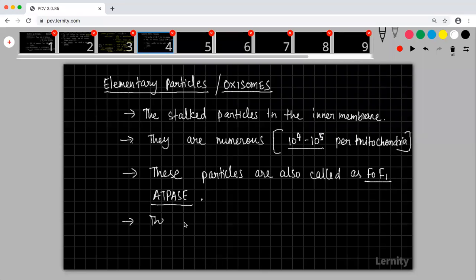They are connected with ATP production. Okay, so you have this thing.